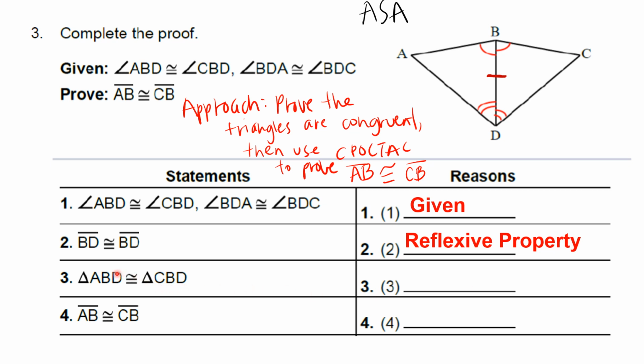All right, and then our next line says triangle ABD is congruent to triangle CBD. Remember, when we're trying to prove that two triangles are congruent, we're always going to be using one of our four postulates. So either side, side, side, side, angle, side, angle, side, angle, or angle, angle, side. We already said up here earlier, if we're going to have to prove that these are congruent, let's go ahead and identify which postulate it is.